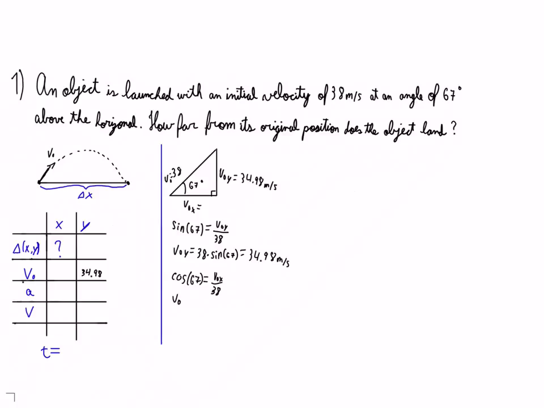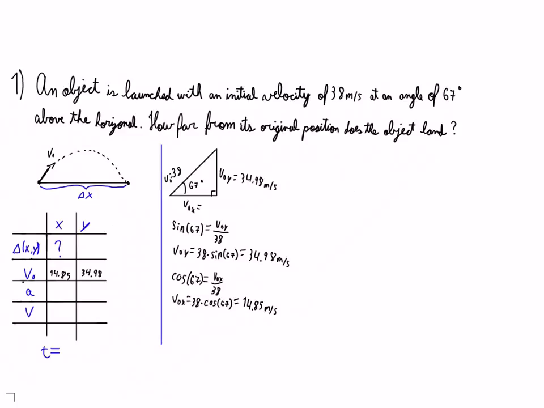So VOX is equal to 38 times the cosine of 67, which, put it into your calculator, will be equal to 14.85 roughly. Okay, so put that in our table. Okay, now for acceleration in the x and y components.